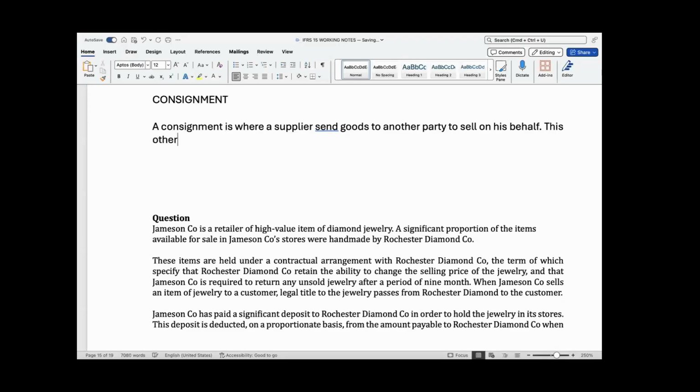And this other party is usually referred to as a dealer.